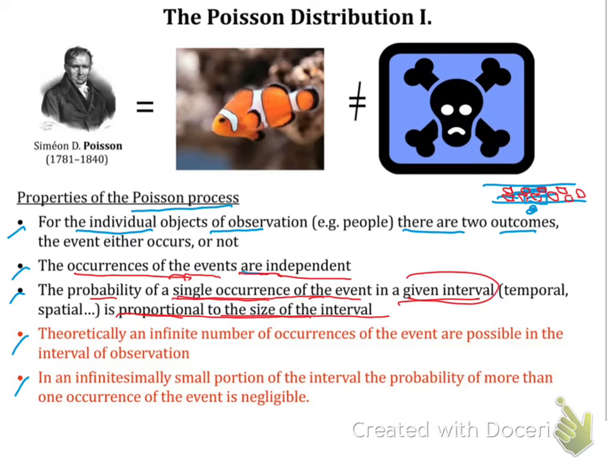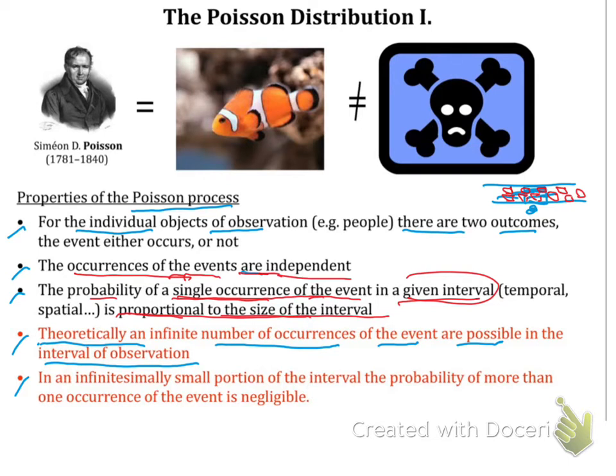So here is the fourth property: theoretically, an infinite number of occurrences of the event are possible in the interval of observation, okay. We may have an interval of observation of 1 day, 1 month, 1 year, 1 hour, 2 hours, whatever. So theoretically anything is possible.